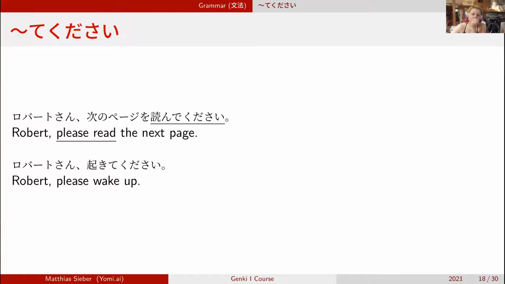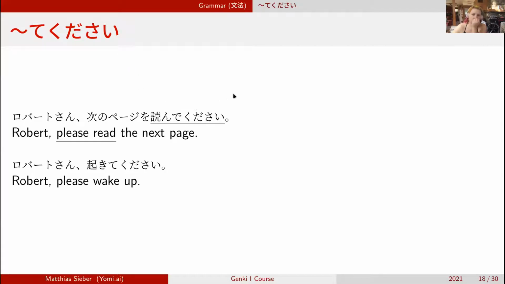Okay, very good. So how do we actually use it, right? There are two examples in the dialogue here. We have Robert-san, tsugi no peiji o yonde kudasai. This yonde kudasai just means please read. So the whole thing means, Robert, please read the next page. Tsugi no peiji is the next page.